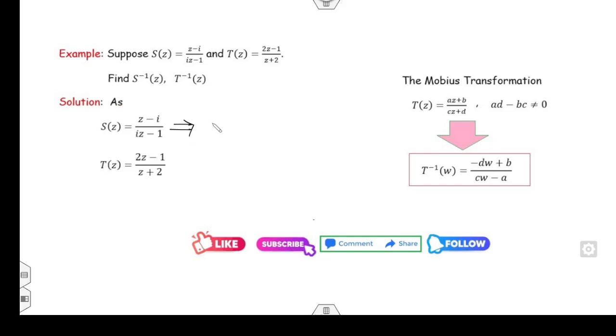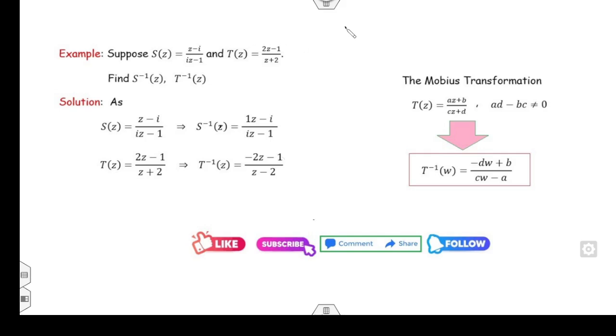So S inverse, if you write in terms of W, is minus iota, iota W minus 1. Similarly, for the case of the T, it's T inverse. If you reverse them, it's minus of 2, minus 1, 1 into W minus of 2. Fine. Or if you write in terms of Z, then it can be written as Z.